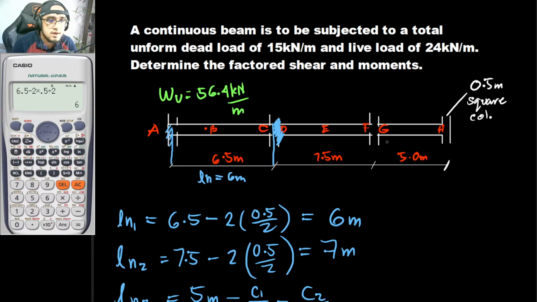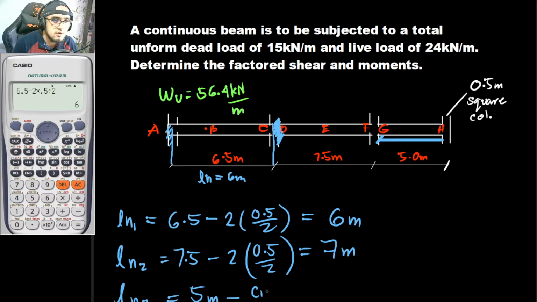That is if the columns have different dimensions. Pero para hindi na kayo mag-memorize, just remember that you are only solving for this particular length or the clear span. So yun ang galing lang sa face ng column up until the face of the column at the other part of the column. So yun lang yung isa-solve nyo.